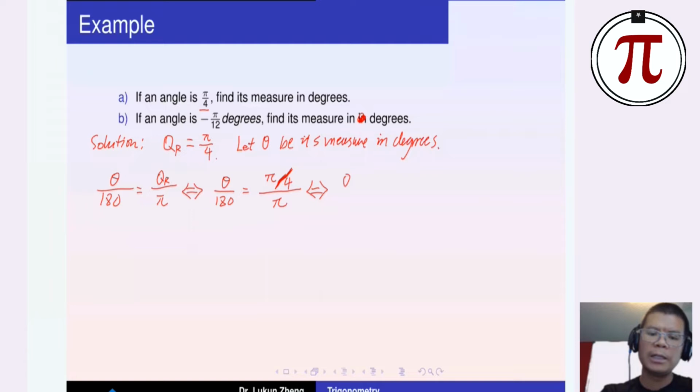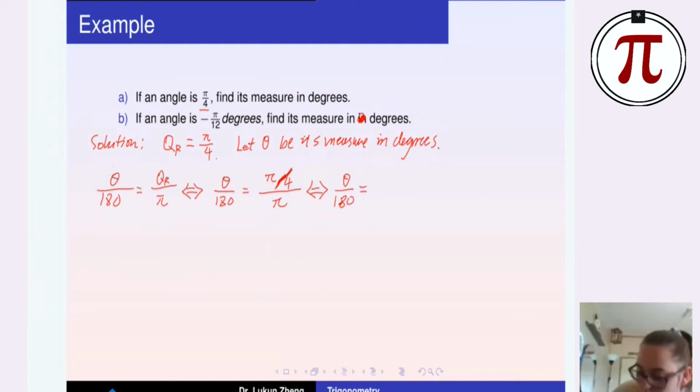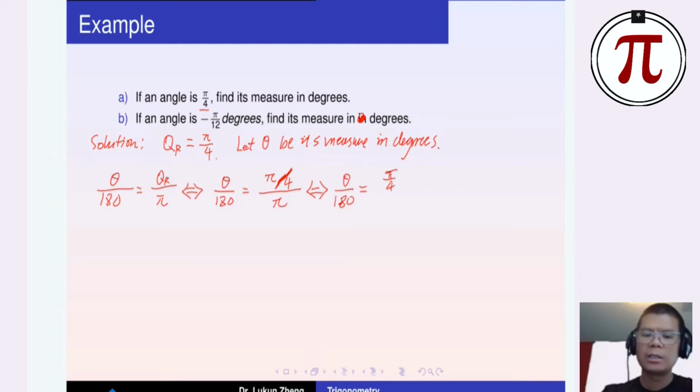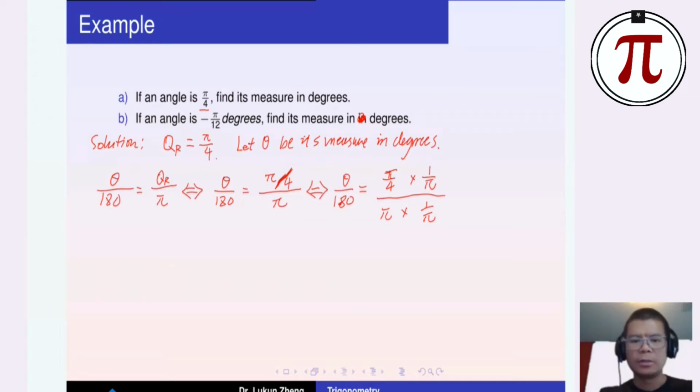So we will get the same. Theta over 180 equals pi over 4 times 1 over pi, over pi times 1 over pi. Basically I just multiply the same quantity, 1 over pi, on the top and the bottom, and I get exactly the same thing.